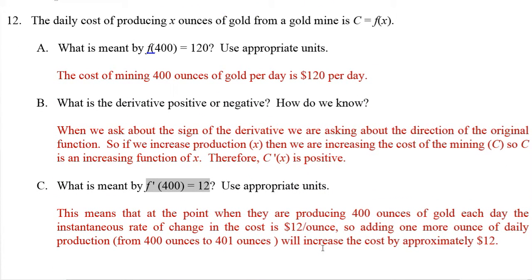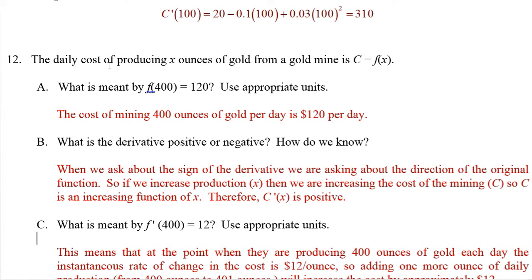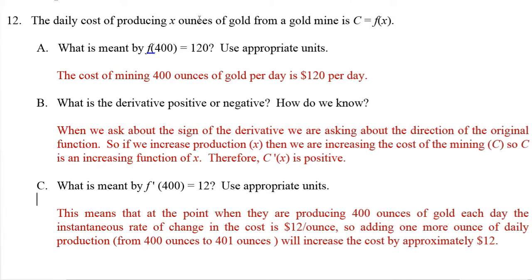What does that mean in context? Well, in context, this should be some kind of rate of change, actually an instantaneous rate of change. And the units are always output units over input units. So they're going to be the units of f, or in this case, f is C, so cost, which is dollars. And then the input is ounces.